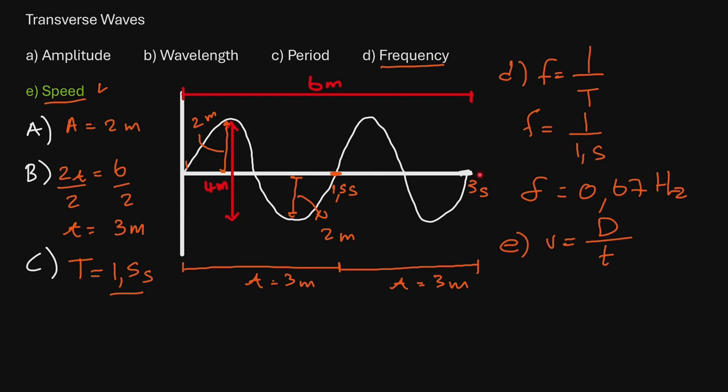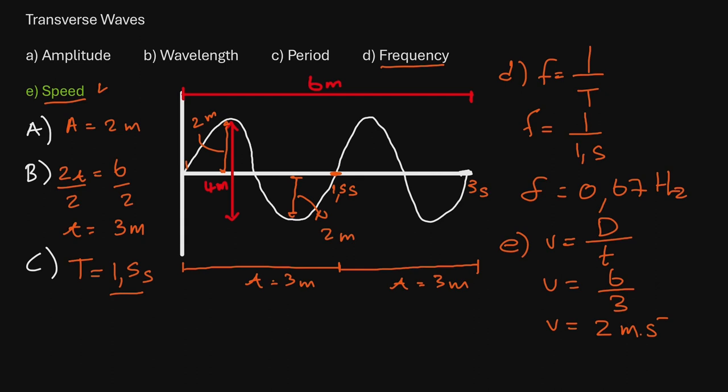But we must use the total distance and the total time. So the total distance of this whole wave is 6 and the total time is 3. Therefore, the speed of this wave is going to be 6 divided by 3, which is 2 meters per second.